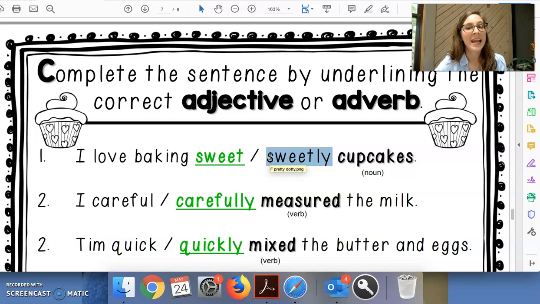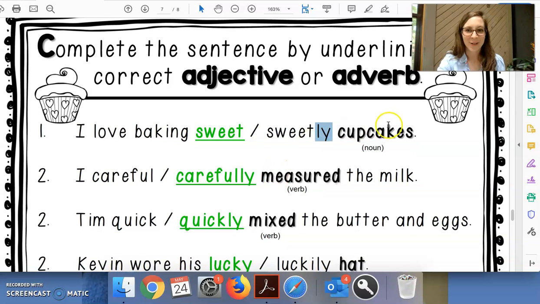The cupcake is a noun. Now I could say how I did something in a sweet way. So I might say, I gave my mom a hug sweetly, or I sweetly said thank you. So notice the difference, that sweet is describing the noun cupcake, but if we add the ly, it would describe how we did an action. But in this sentence, we're describing the noun.